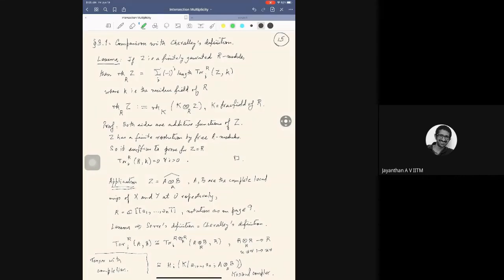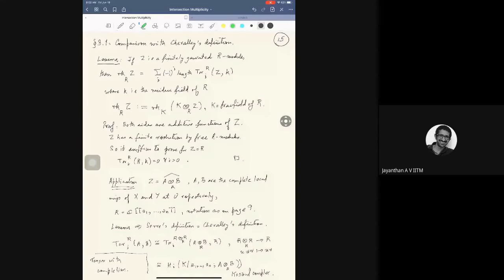First is an easy lemma: if R is regular local and you have a finitely generated module Z, there are two things you can do. One is this: you can take the alternating sum of these lengths here. Or, on the other hand, you can take the rank of Z. By the rank, again just to repeat, I mean tensor Z with the fraction field of R and take its vector space dimension. Now these two things have to be the same.